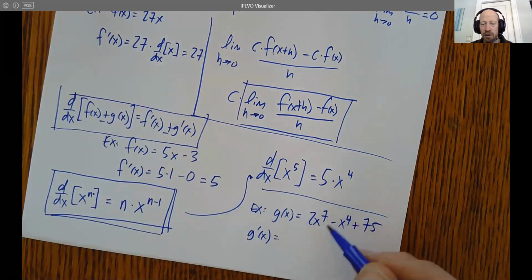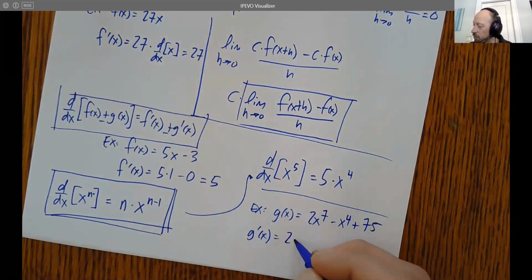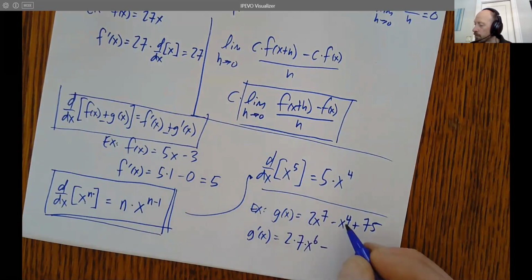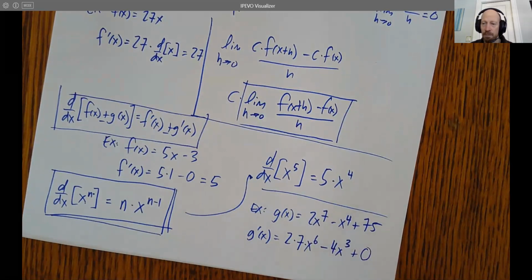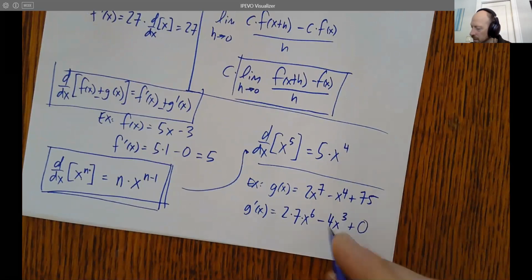And we've done one like this. I'm going to multiply 2 times the derivative of x to the 7th. X to the 7th is this rule, 7 times x to the 6th. X to the 4th becomes 4x cubed. And 75 becomes 0. So we end up with 14x to the 6th minus 4x cubed.